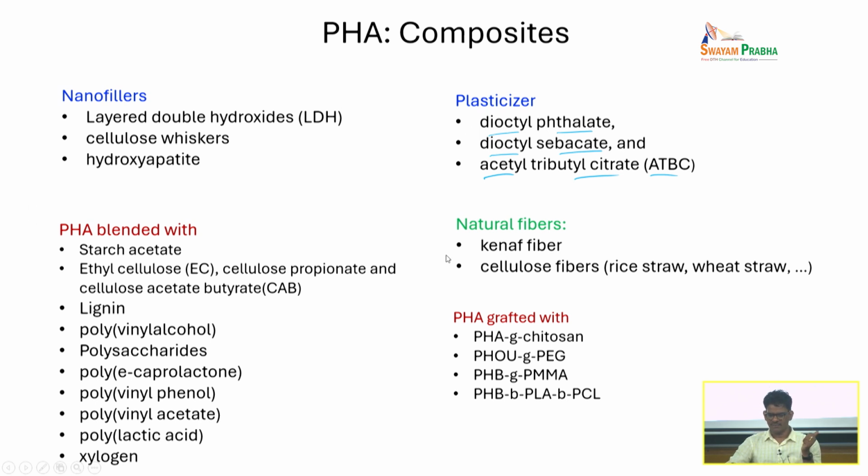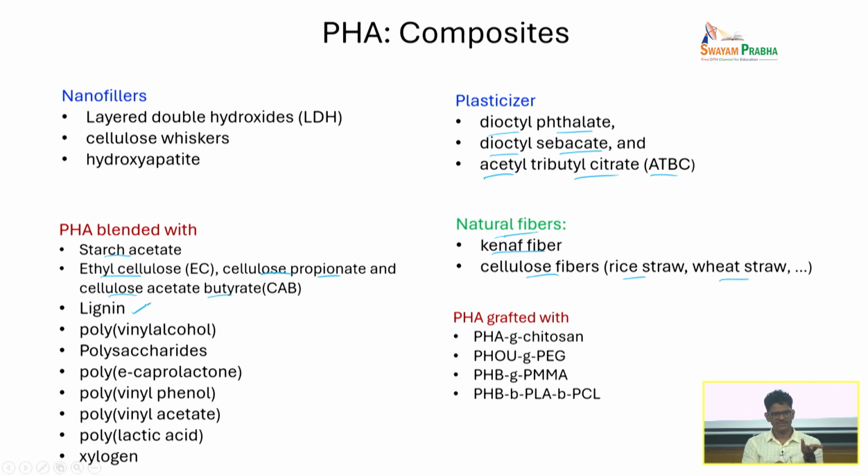And then apart from that, PHA has also been used along with natural fibers like kenaf fibers, cellulose fibers, rice straw and wheat straw, all those things. Apart from this, additives, they are also blending. So PHA blended with starch, blended with ethyl cellulose, cellulose propionate, cellulose acetate butyrate are also common.